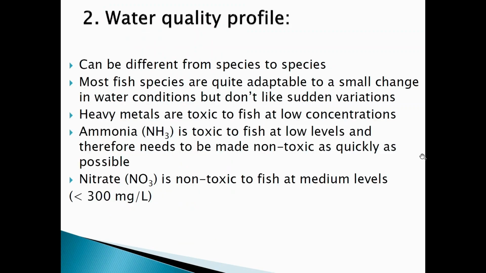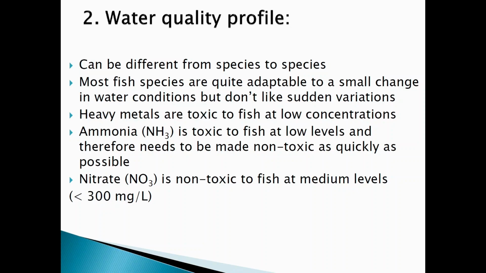So, first up, the water quality profile. It differs from species to species, but most fish are quite adaptable to small changes, but don't like sudden large variations. So it's important to find the right water quality for your fish and have that system set up before you introduce all of your fish at once.